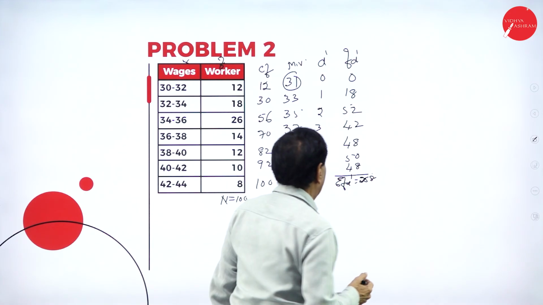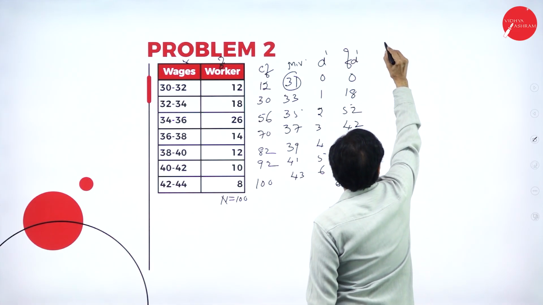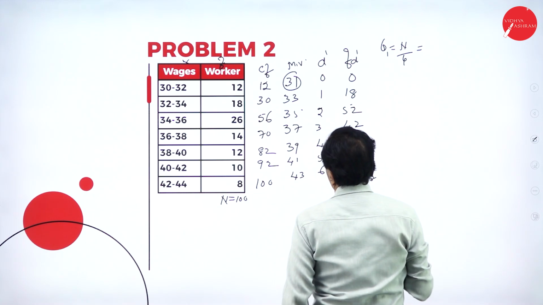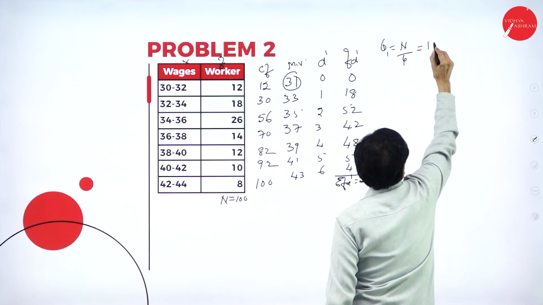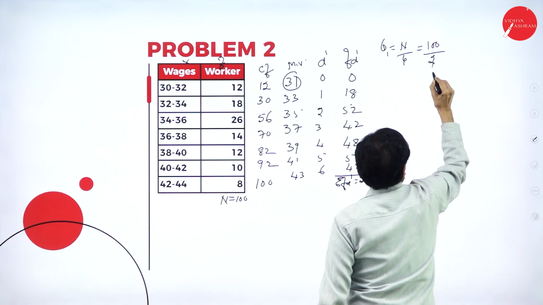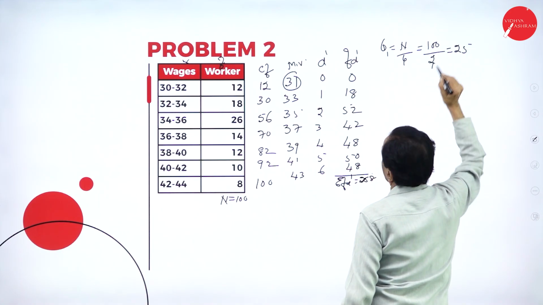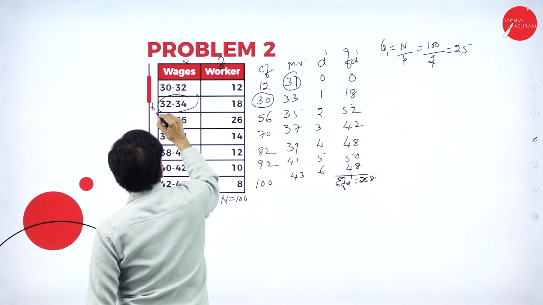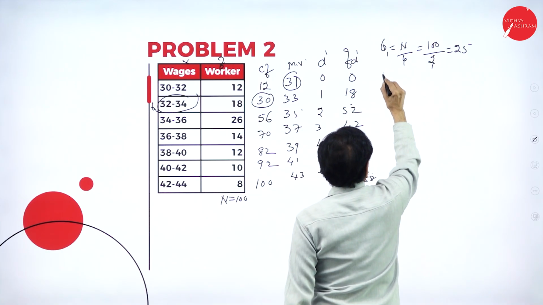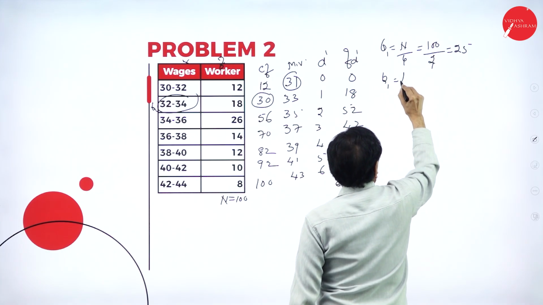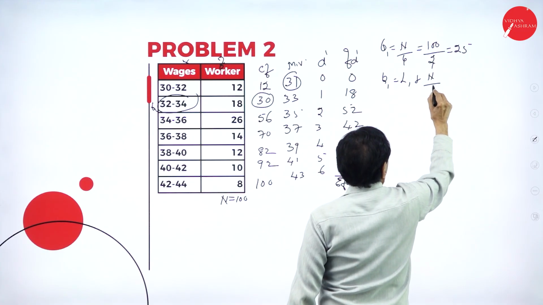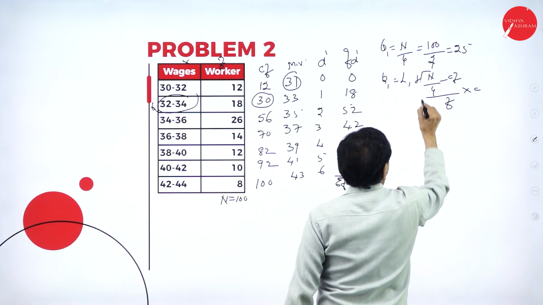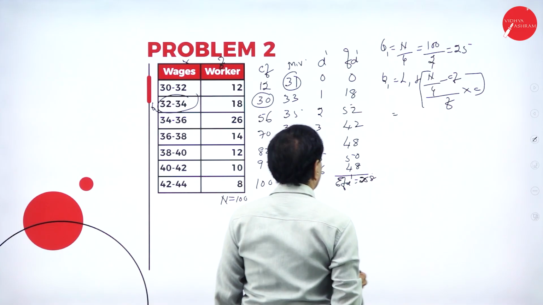So we'll go for skewness. First you require Q1 is equal to n by 4, 100 by 4, this is 25. Find 25 in CF. This is your Q1. So Q1 is equal to L1 plus n by 4 minus CF over F into C. What's your L1? 32.